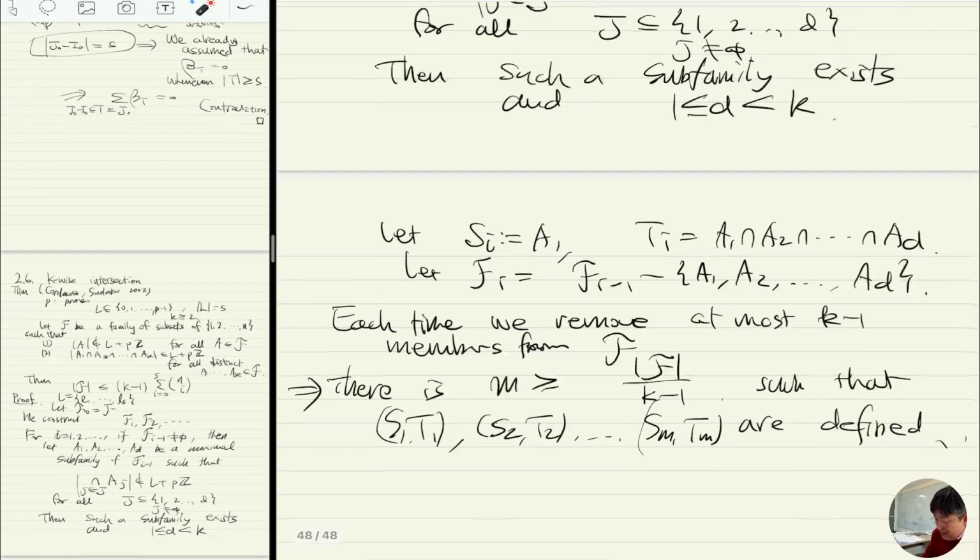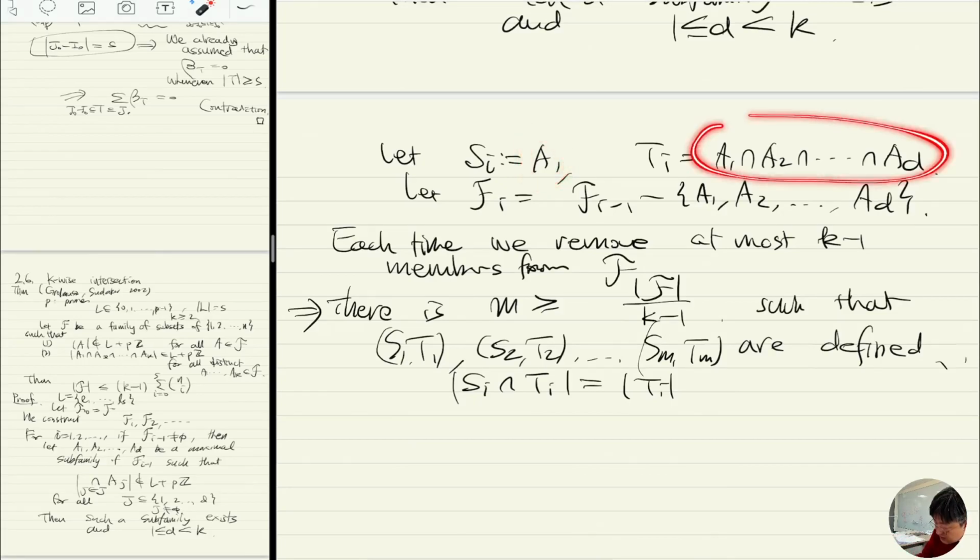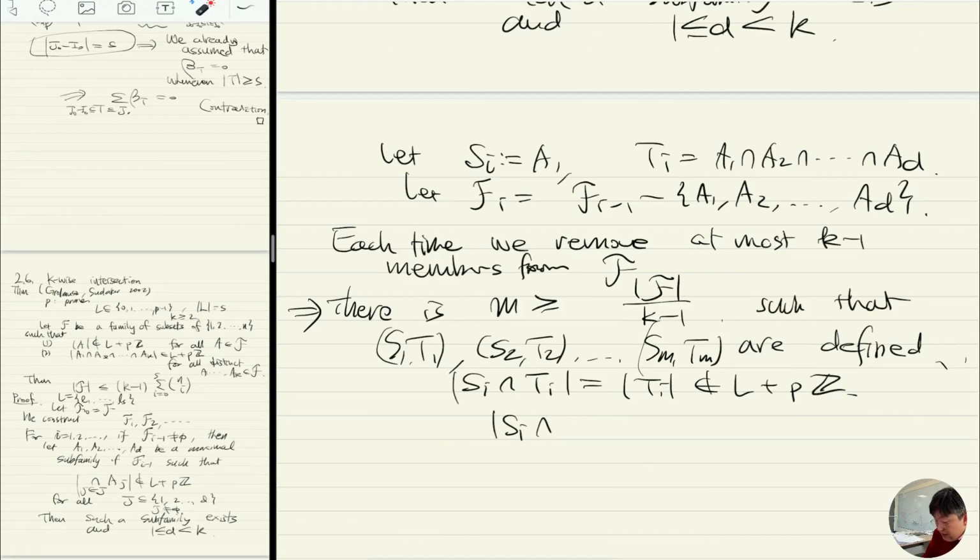And furthermore, here's the property. Si is a subset of Ti, because A1 is a subset of this thing. So the size of Ti is not in L plus pZ. And Sj intersection Ti, if j is bigger than i, is in L plus pZ.